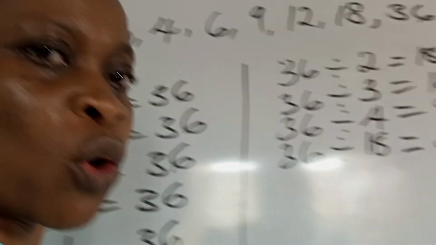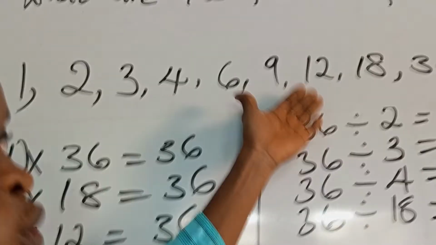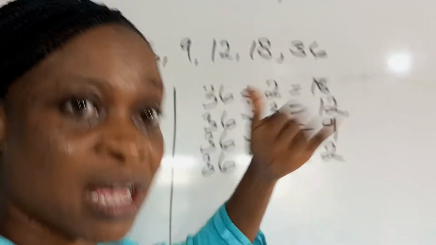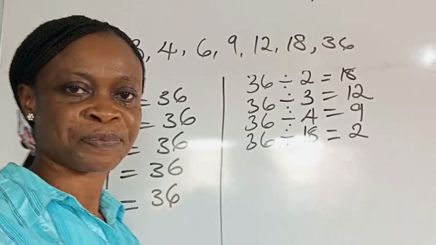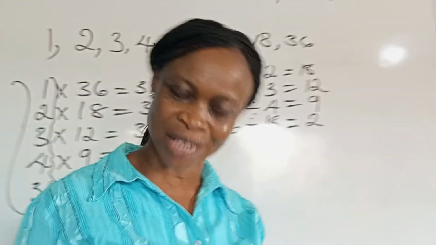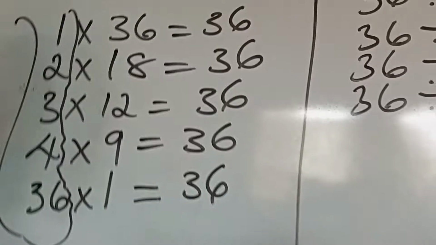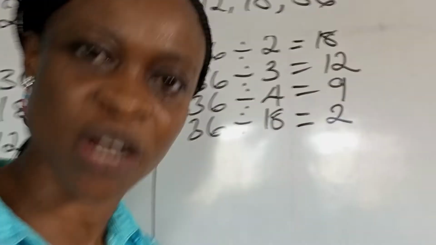And then, that is not all. How else can I show that 1, 2, 3, 4, 6, 9, 12, 18, and 36 are factors of 36? It's very simple. That is by using a division method. The first method I use is known as a multiplication method. And then the second method is a division method.